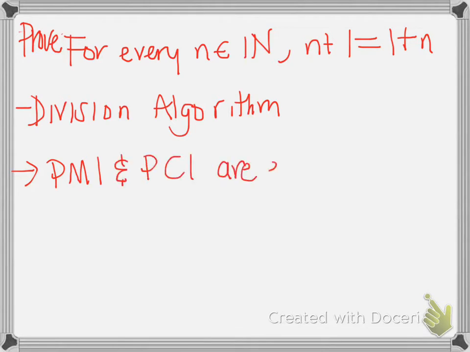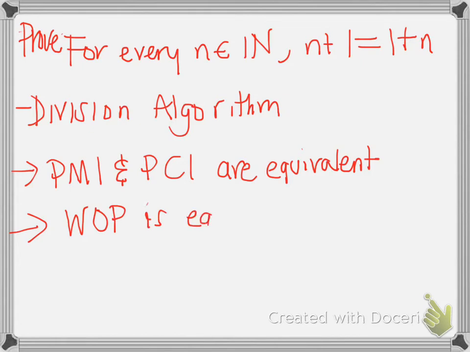That one is a little more involved when they do the proof, but I just want you to take a look at that. And also that the well ordering principle is equivalent to the PMI. Okay, I am stopping here. See you all tomorrow.